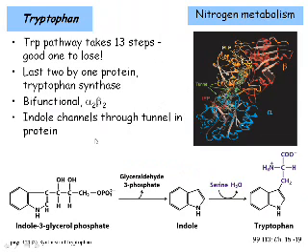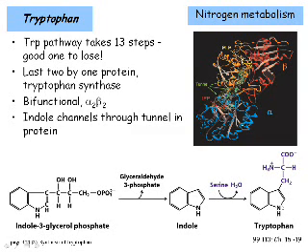Tryptophan is a really stunning amino acid. So just to refresh your memories of what tryptophan looks like, you've got a fused 5-member heterocycle with your benzene ring here. So the biggest, bulkiest, weirdest side chain of them all. Tryptophan takes 13 steps to be synthesized from scratch.